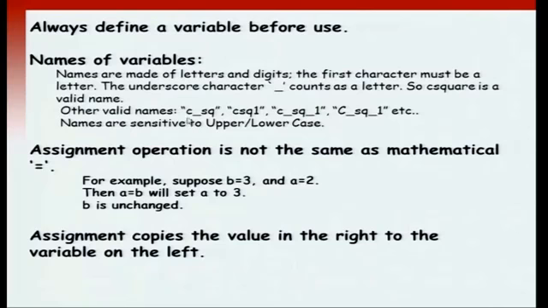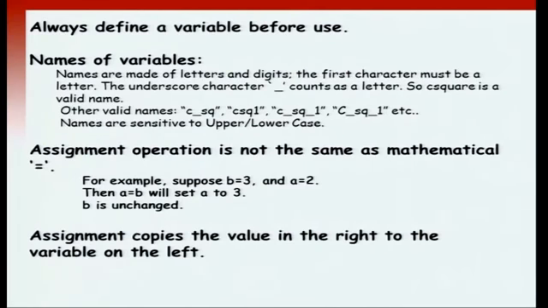Okay. So there are valid names like C_SQ, CSQ1, C_SQ_1. So all these are valid. One thing to note is that the names are sensitive to upper and lower case. So for example, capital C centigrade is different from centigrade which starts with a small c. So these are two distinct variables. Okay. That's a common source of errors when you start programming.